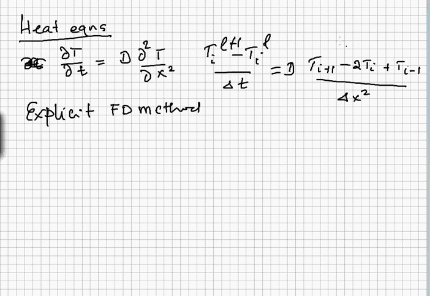And in the explicit method, what we did was we basically assumed all these values are calculated at l.